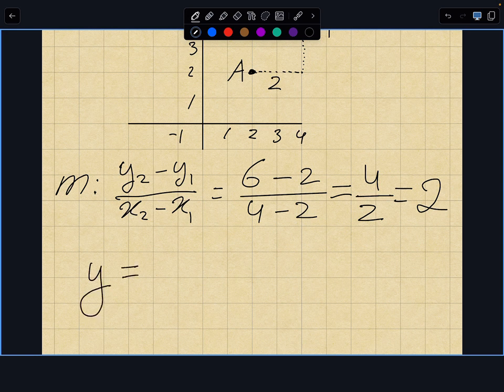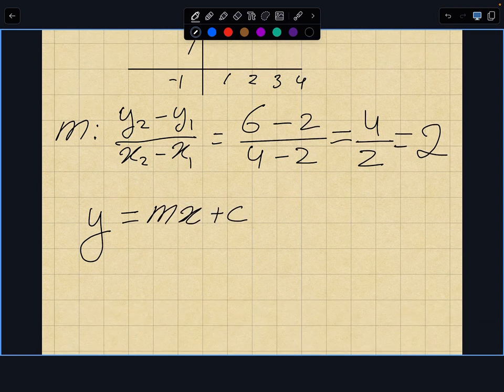So y equals, what was the standard formula? mx plus c. So y equals, what is the gradient? Gradient is 2. 2x plus c.